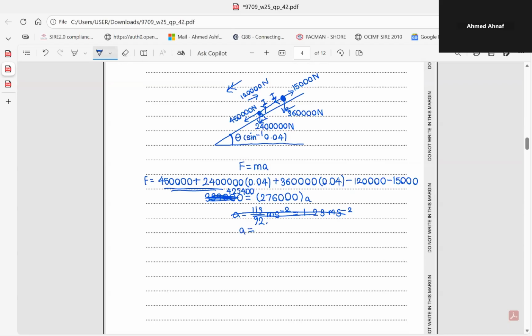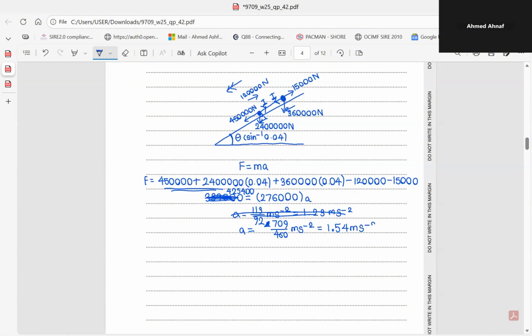So A would just be 425,400 divided by 276,000. You would get 709 over 460 meters per second squared. Or to 3SF, that would be 1.54 meters per second squared. Okay, so this is our final value of A, and we'll be using this one for calculating tension.